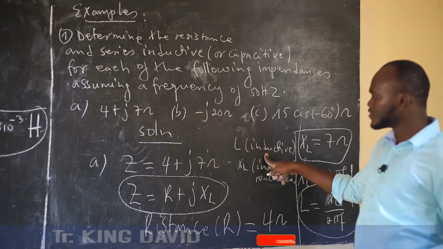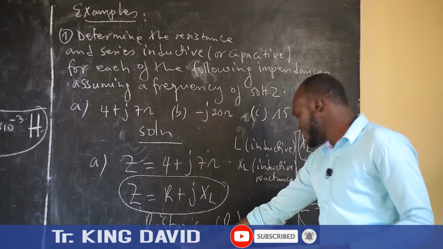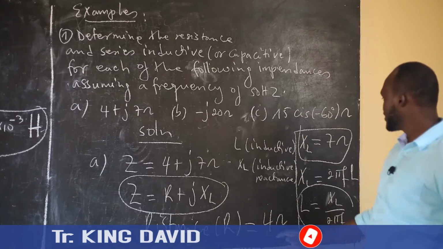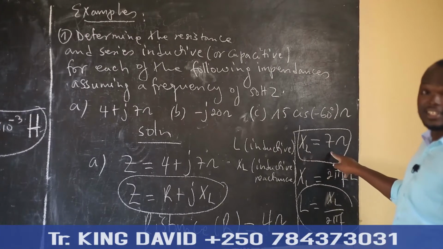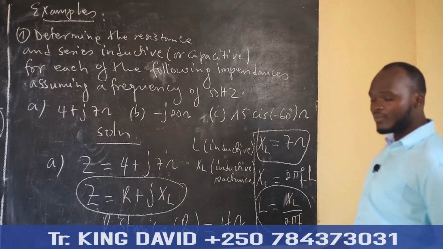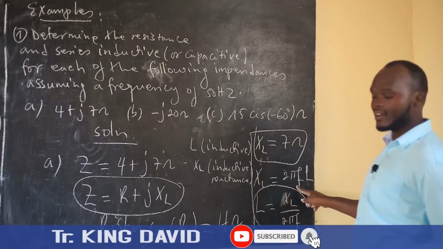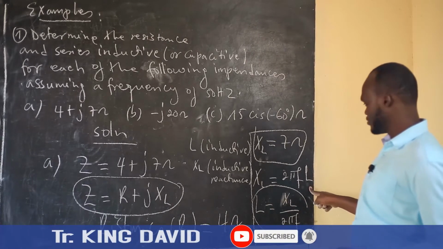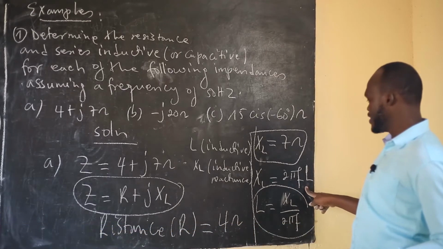And that inductance is L. Since we have resistance equal to 4, and inductive reactance which is 7, the formula for inductive reactance is 2 pi f L, which is 2 pi times frequency times inductance.